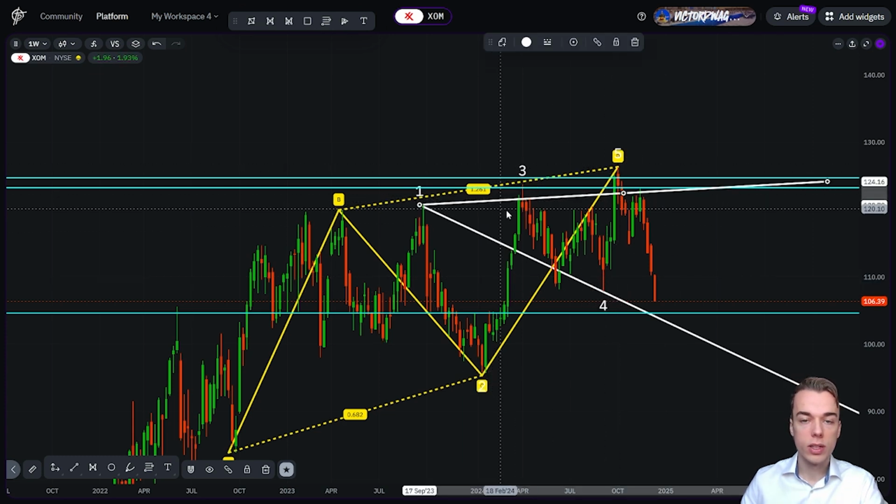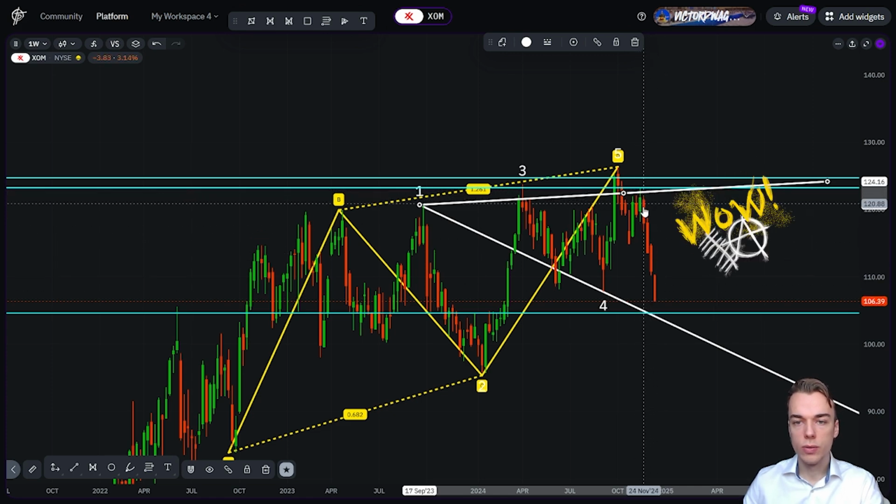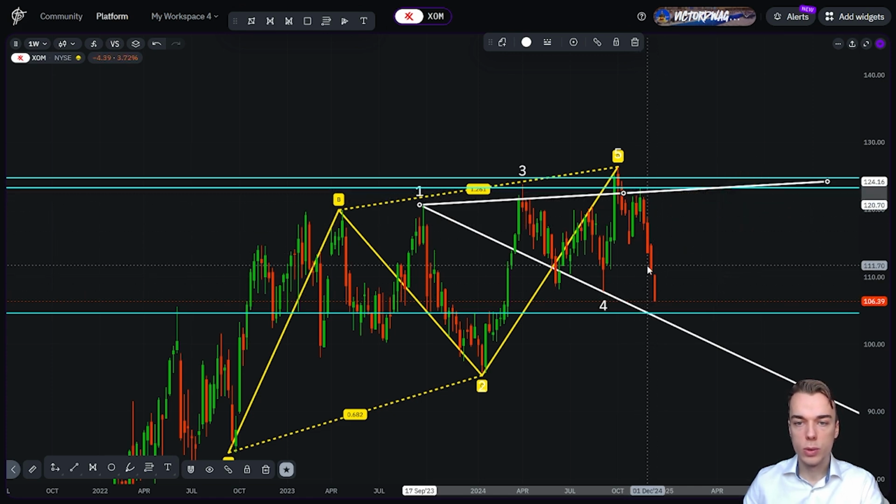We have the signal line right here, which we draw from the wick of pattern point 1 via the candle body of point 3, and generate our signal by going through the signal line on the pattern point 5 and breaking down it once again and generate our signal here. And here you can also see a nice retest of the signal line and the break over the last 4 or 5 weeks downwards.